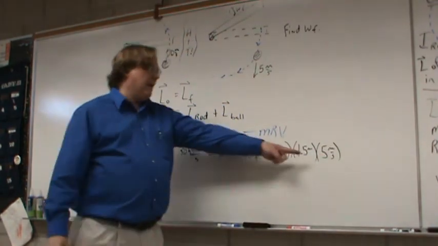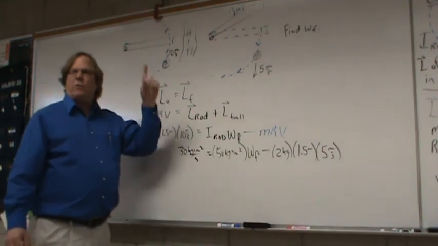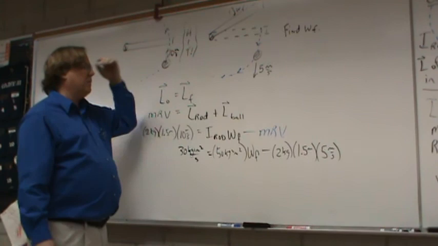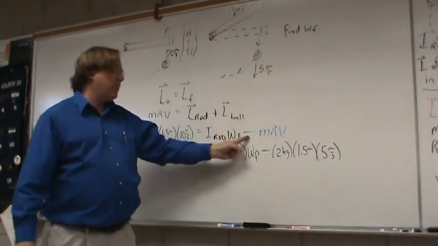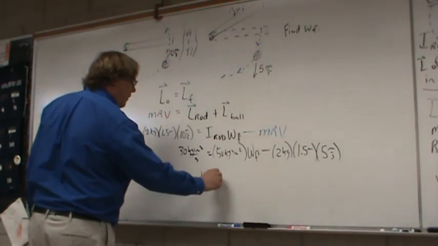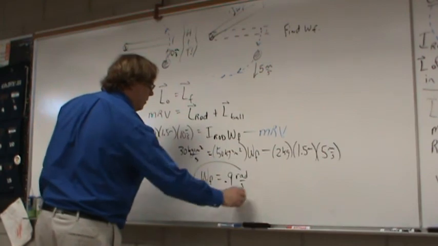And don't make that guy negative. I don't care. It's like when we were doing torques. I don't care what the direction of the force is. I only care whether I'm rotating the thing clockwise or counterclockwise. This guy's rotating clockwise, he gets to be negative. And so when you solve, you get omega F equaling 0.9 radians per second.